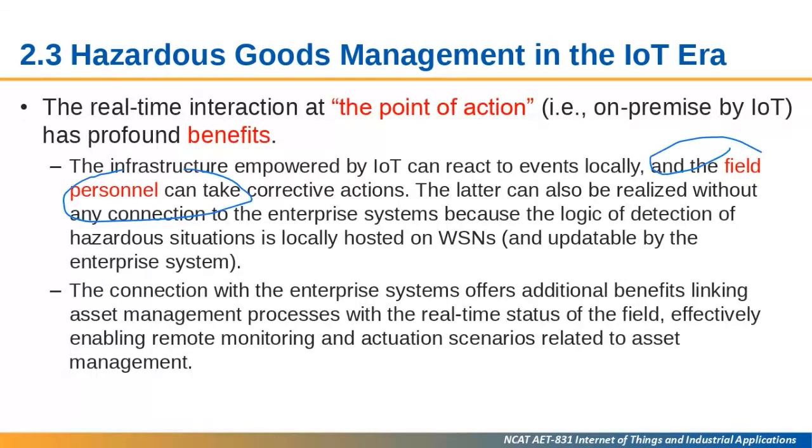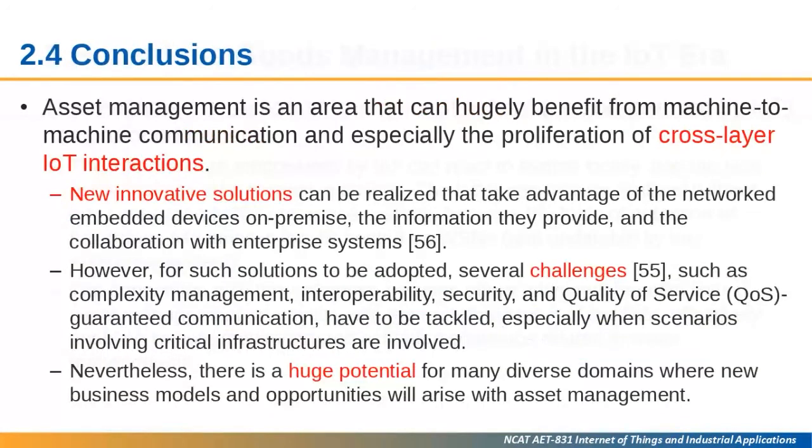So they don't need to wait for the backend to ask them to do something. Basically, by receiving the alarm, they know they have done something wrong and they can react quickly. The connection with the enterprise system offers additional benefits, linking the asset management process with the real-time status of the field. So these are the two examples, the e-maintenance and the goods management.